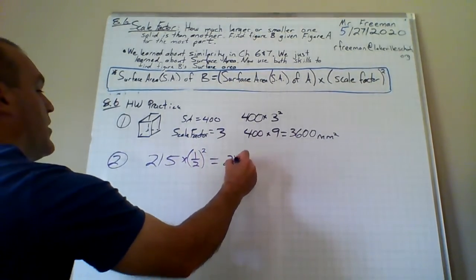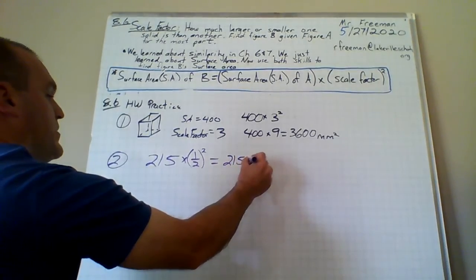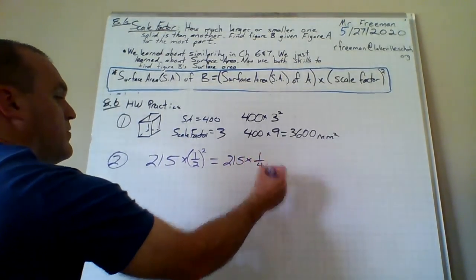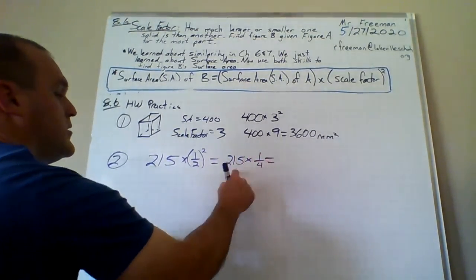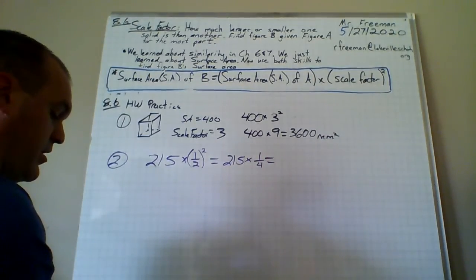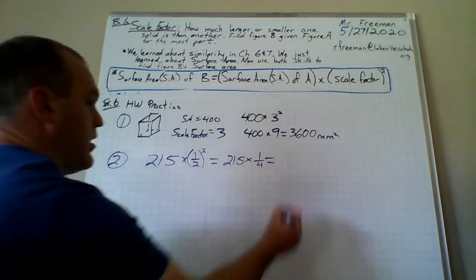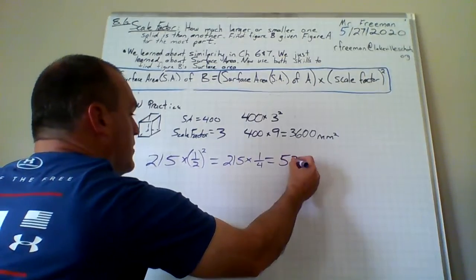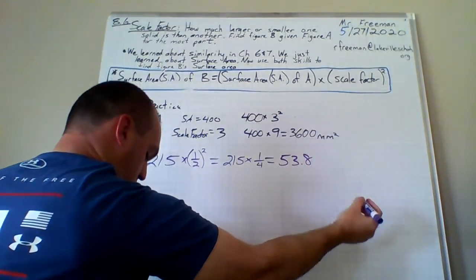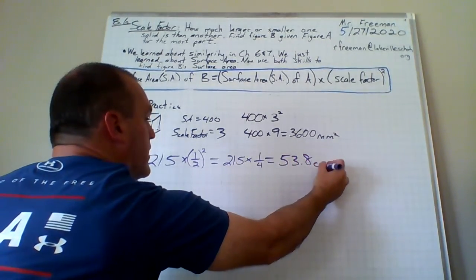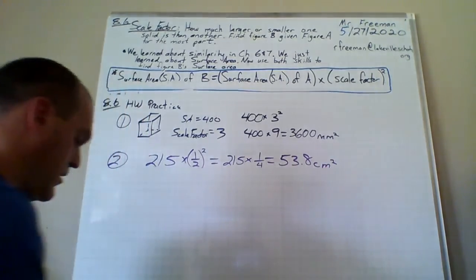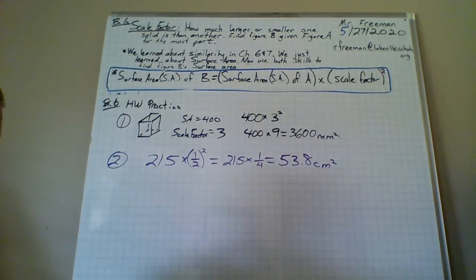So that means it's 215 times 1/4, and 215 divided by 4 would give you 53.8, and that's centimeters squared. Okay, so those first two are a piece of cake, and so are most of the problems on this page.